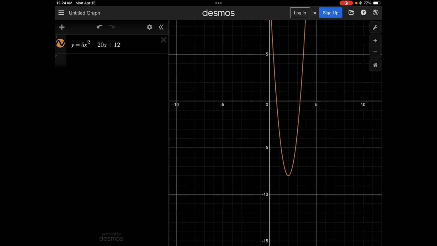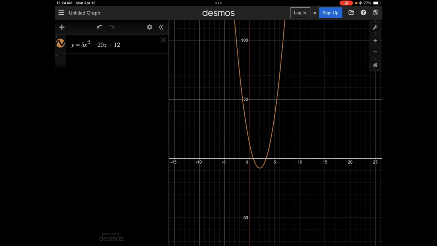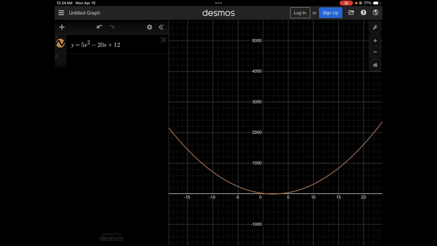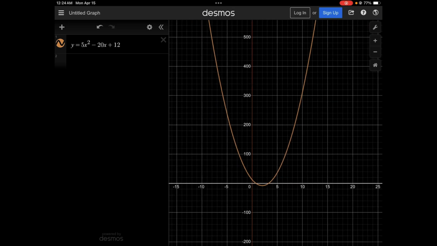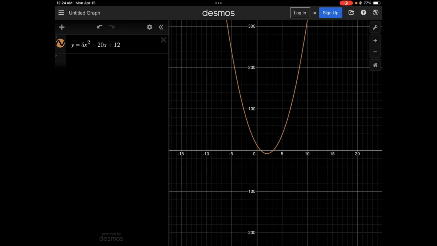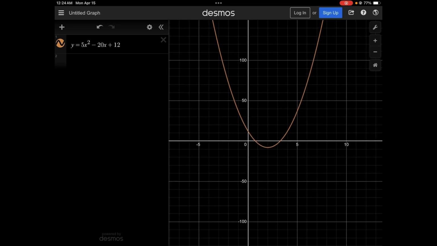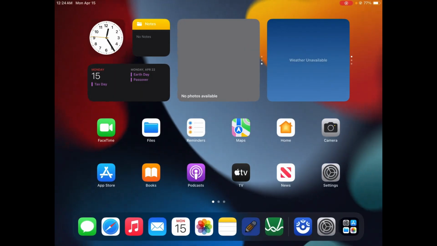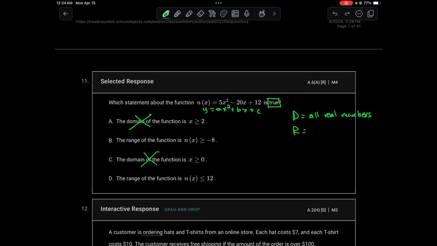You see that because it opens forever, eventually it covers the whole x-axis. At the same time, the range is going to start from the vertex, which is at (2, negative 8), and it's going to go up. So it's from negative 8 and up, including negative 8. It looks like it's going up and can be equal to.